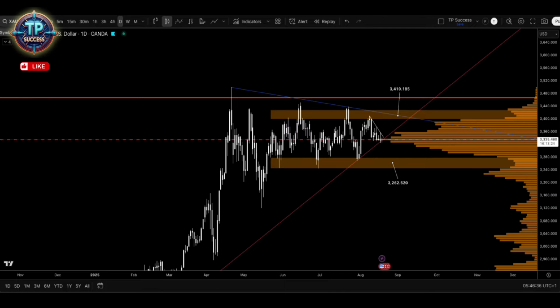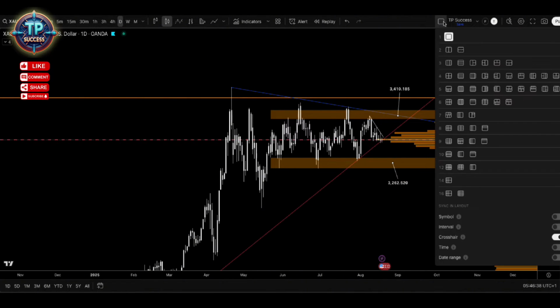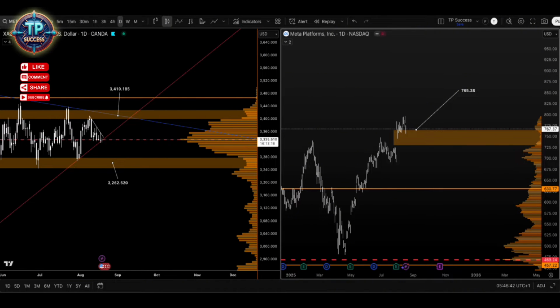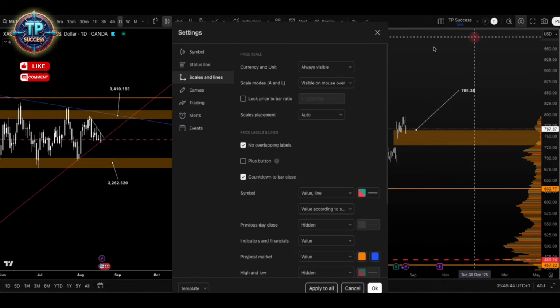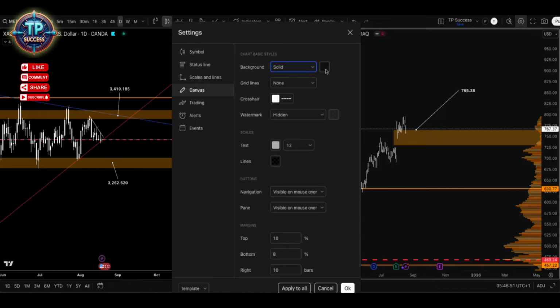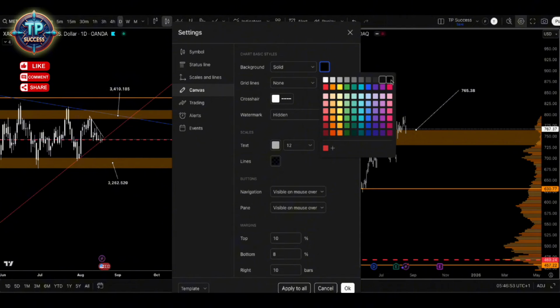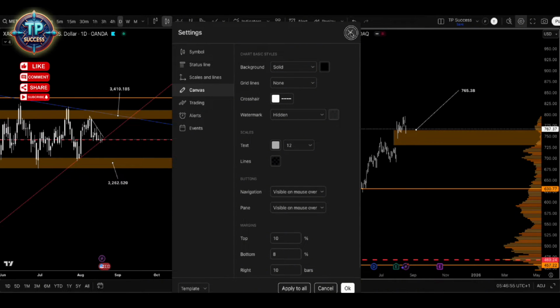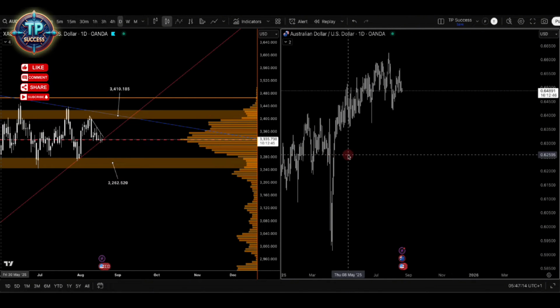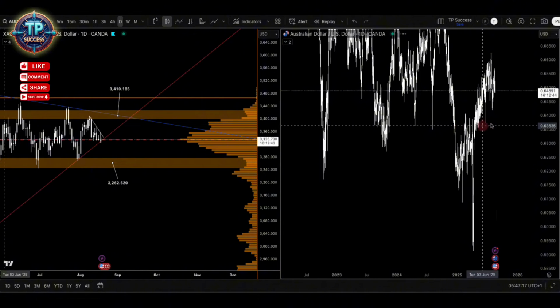So right now, gold is consolidating at the top, and we kind of need to see. Wait, let me go in there. Okay, so we're going to look at Australian dollar against gold right now.